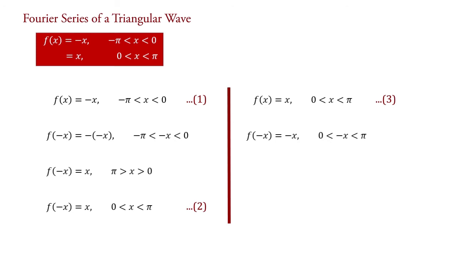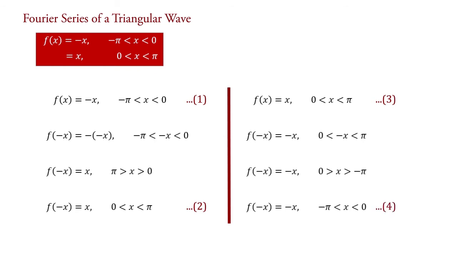Therefore, this interval is written as f of minus x equal to minus x for 0 greater than x greater than minus pi. Now, by inversing the interval, we get f of minus x equal to minus x for minus pi less than x less than 0.